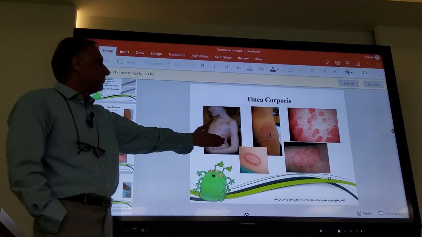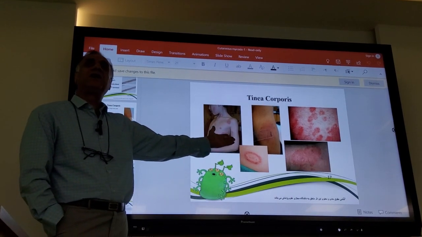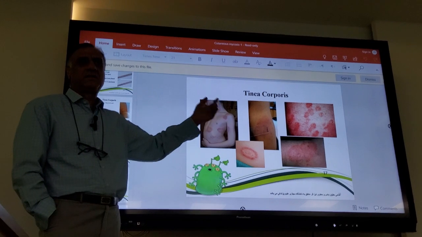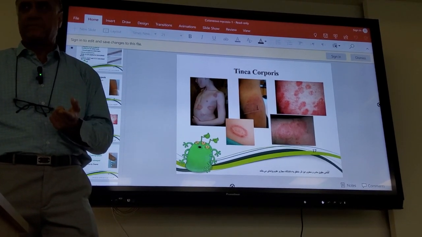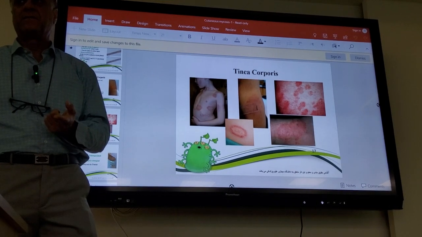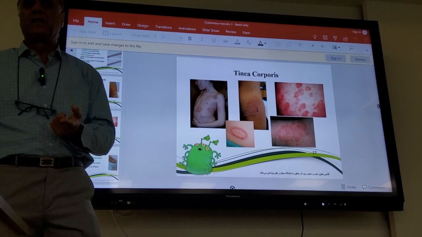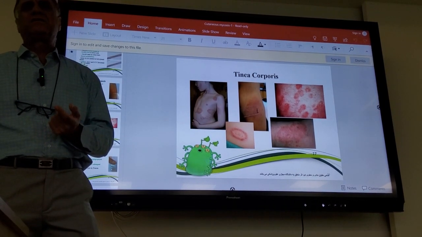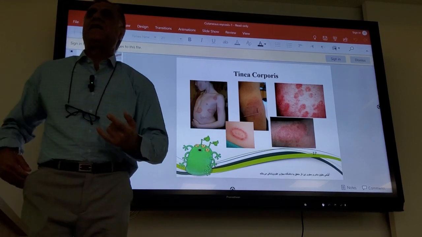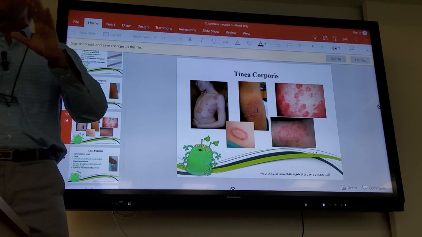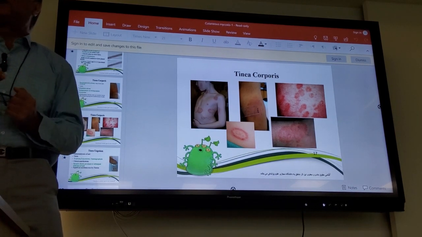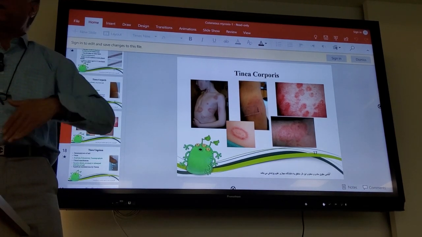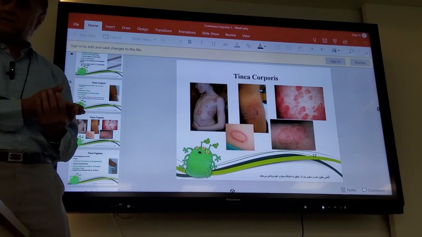There are some differential diagnoses of skin disease. Do you know what differential diagnosis means? A sign that makes a disease different from other diseases. When we have some similar lesions, we must differentiate this from the others.